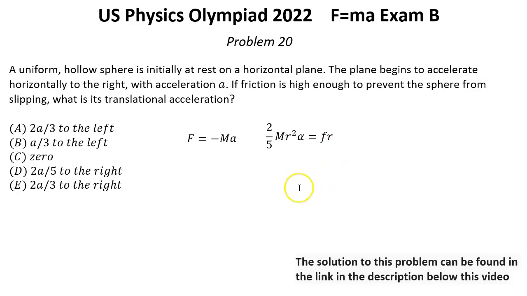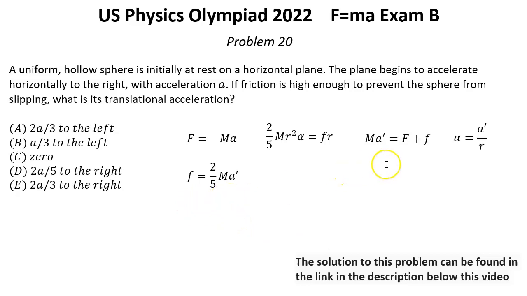Because we don't have any slipping, we have ma prime, where a prime is the acceleration in our new frame of reference, equal to the fictitious force plus the force of friction F. On the other hand, because there is no slipping, we have alpha equal to a prime over r, which means that from the second equation the force of friction equals 2/5 ma prime.